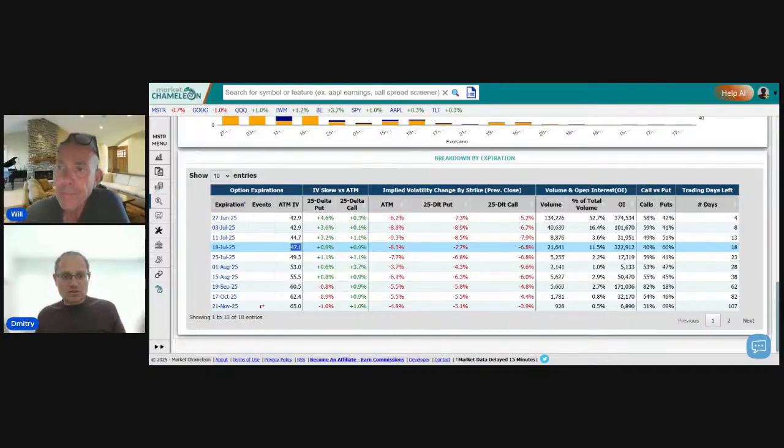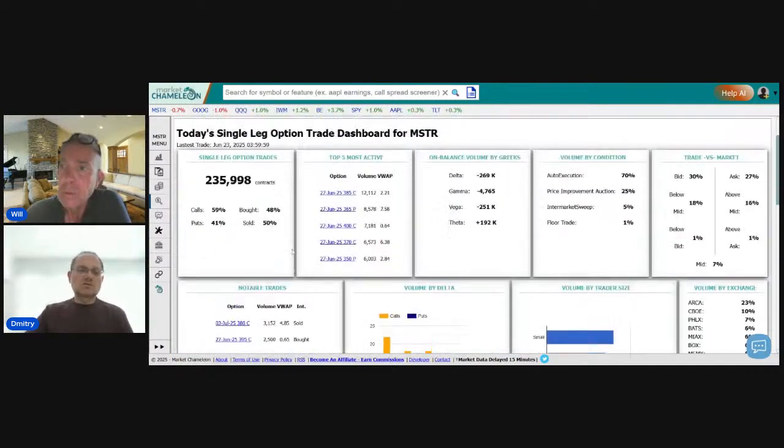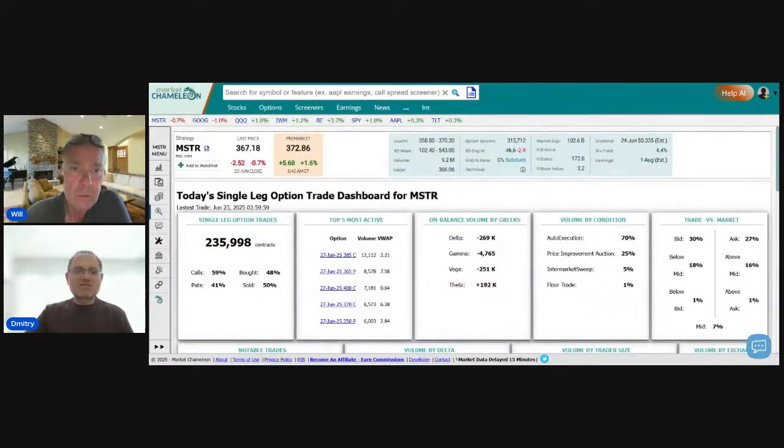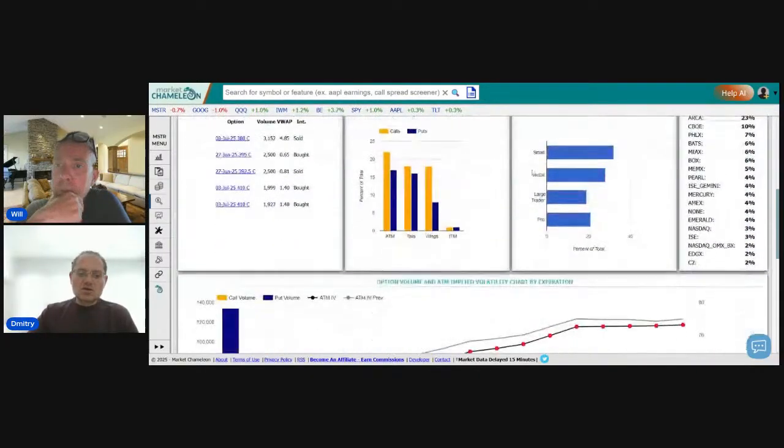So if you don't have an exact at the money strike, if the stock is, let's say, 367.18, well, we don't have a 367.18 strike, so we look at the strikes around it and create a weighted average to see what the implied volatility would be around 367.18.